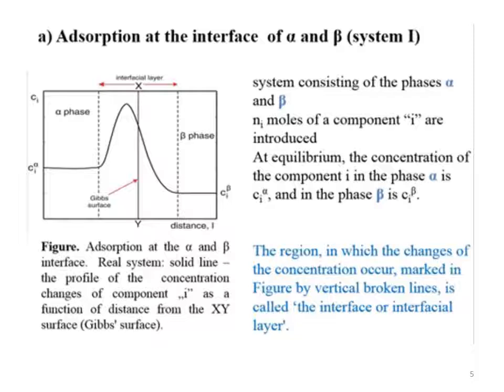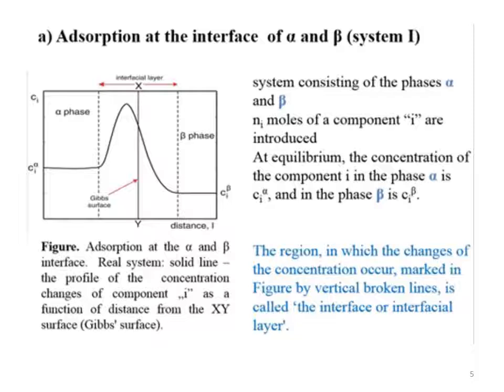First of all, coming to the figure, we have two phases, alpha phase and beta phase. The concentration of component I in alpha phase is Ci alpha, and the concentration of component I in beta phase is Ci beta. Suppose we go from left to right in alpha phase.